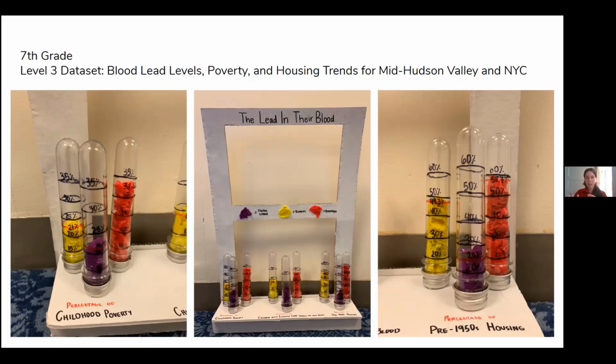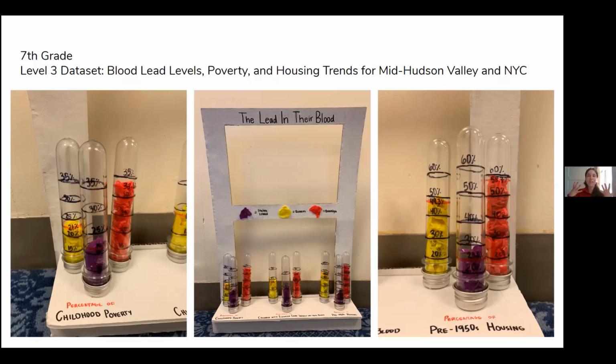That also includes data on poverty and housing trends, because all of those three concepts are related. But this graph is showing the amount of lead poisoning and childhood poverty and housing type, and the percentages of each using peeled paint in these test tubes. The volume of peeled paint where it's marked on the test tubes represents a percentage.